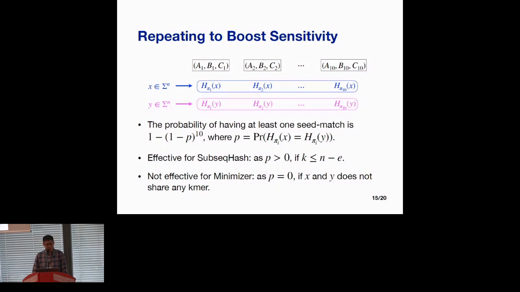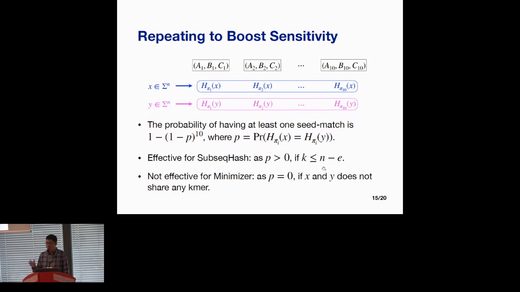We emphasize that repeating is very effective for subseq hash, simply because p is strictly positive most of the time. Remember, X and Y are guaranteed to share a length k subsequence if k is less than or equal to n minus e.